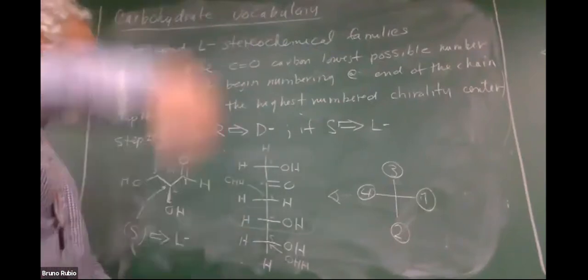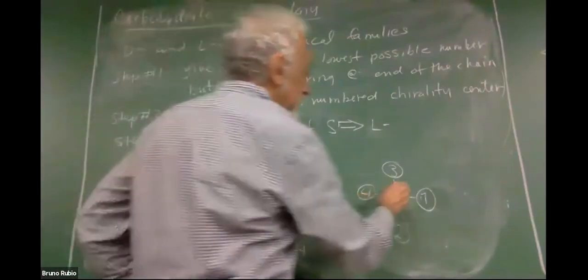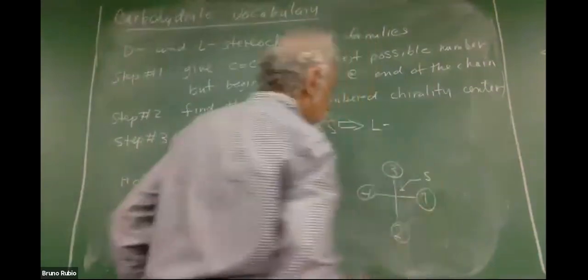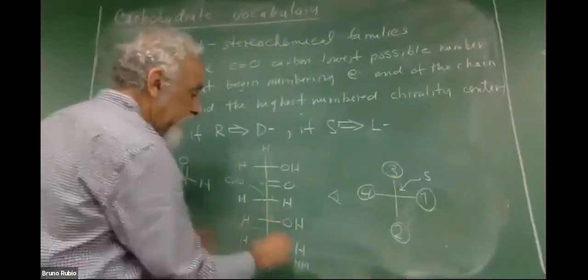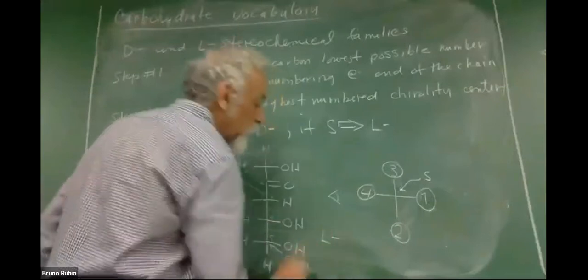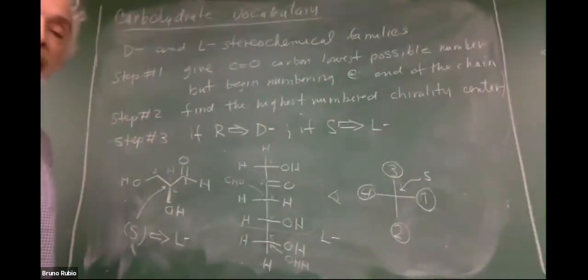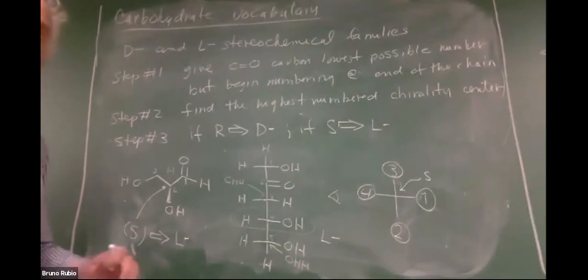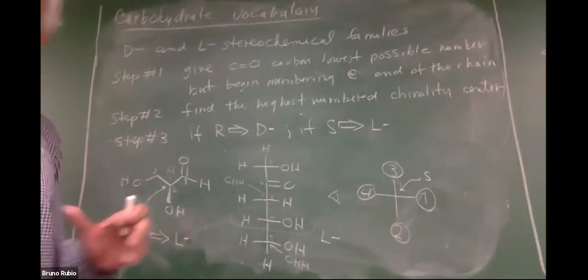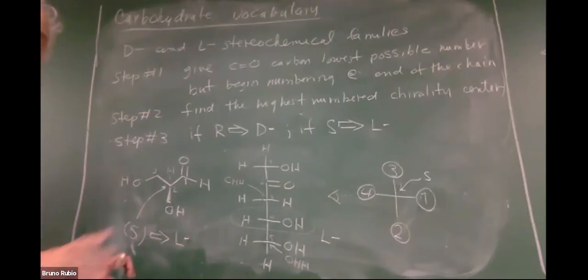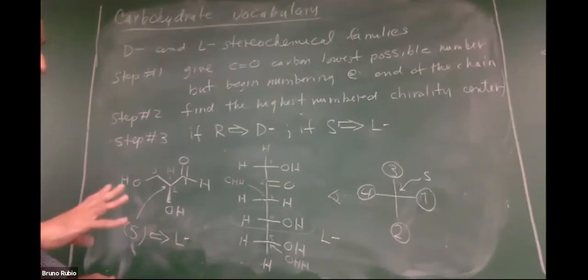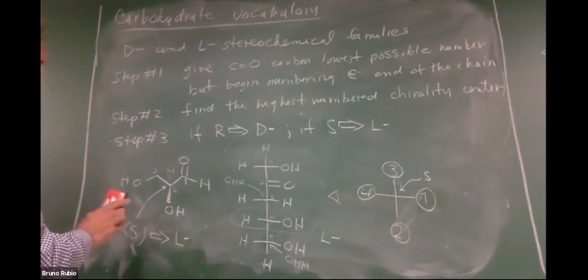I reverse it for the right answer. This is an S absolute configuration, and this thing is an L sugar. Right, so that's just a review of figuring out the R and the S from different representations.